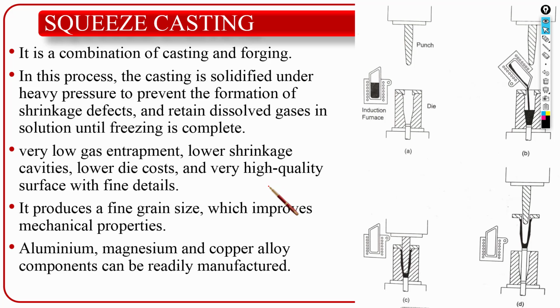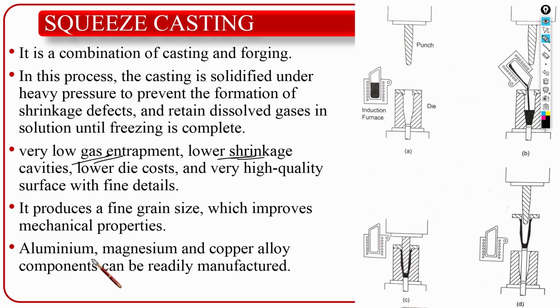Basically the point is that the mechanical property of this casting is very nice because of the defects which are not present. Shrinkage cavity is not present, and there is low gas entrapment. Due to that, the casting we get has very good quality.